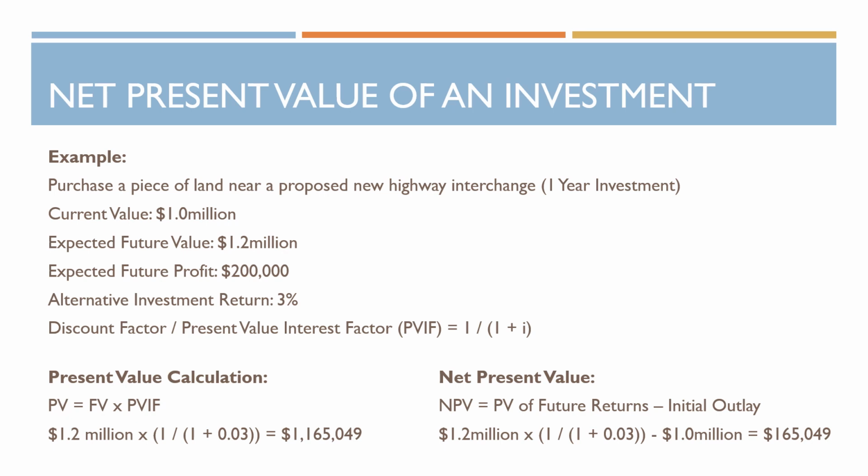For example, if the current state of the economy has an inflation of 5%, then you can replace the 3% with the 5%, assuming money is going to depreciate a year later. So how much is that money actually worth today if we are investing in this project?